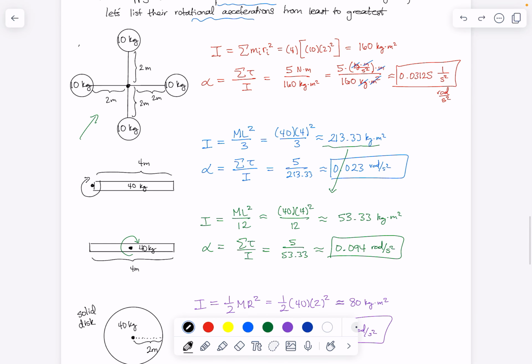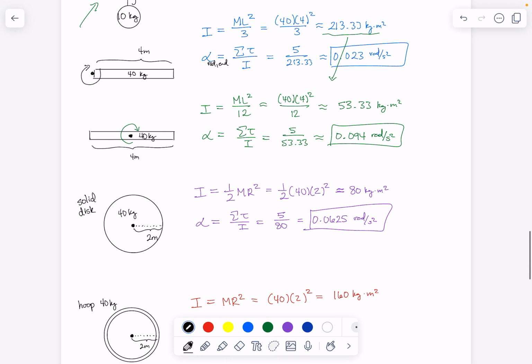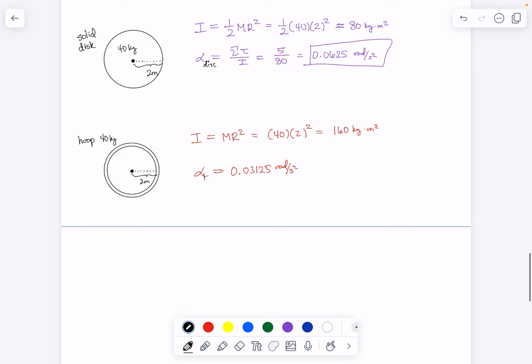We'll call this alpha of the object, alpha of the rod with the end being the axis of rotation. Rod with the center axis of rotation. This would be alpha of the disc. And then this would be alpha of the hoop.